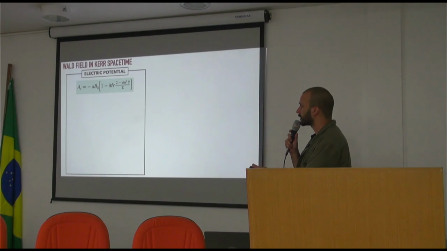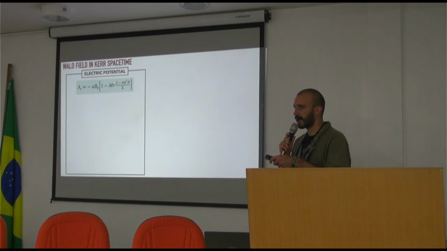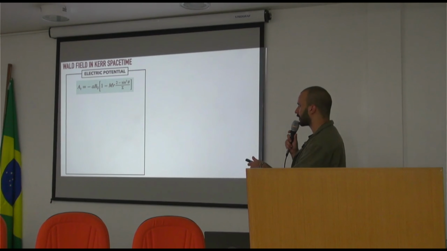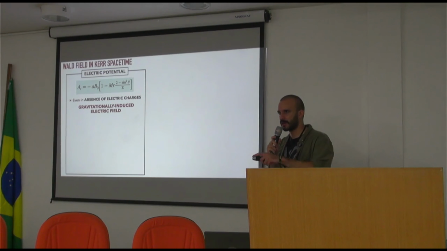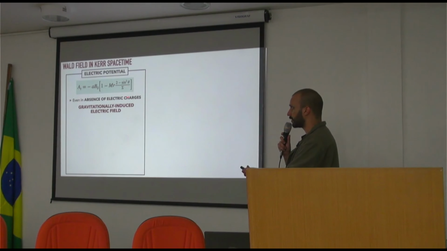There is something that is kind of important to notice already at this level, namely that even in absence of any electric charge, so here we don't have any source close to the black hole, the field acquires an electric component.